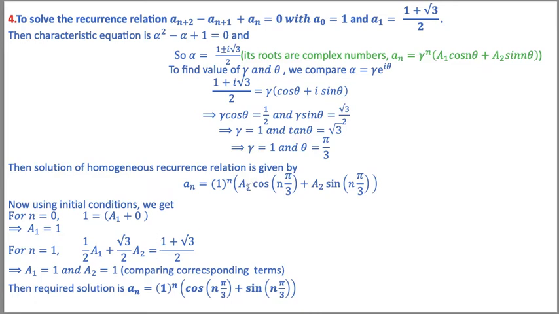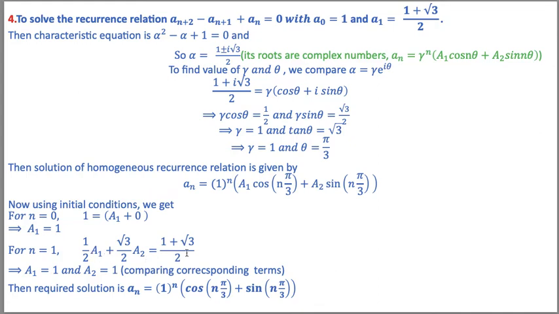And for n equal to 1, 1 raised to power 1 is 1, a1 cos(π/3). Cos(π/3) is 1/2, so (1/2)a1 plus a2 sin(π/3). Sin(π/3) is √3/2. So (1/2)a1 + (√3/2)a2 is equal to (1 + √3)/2.